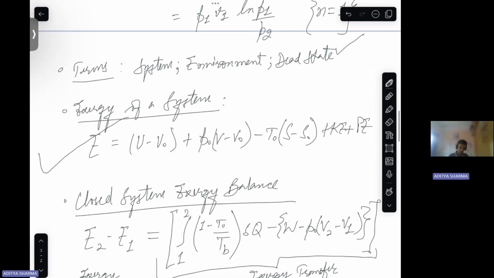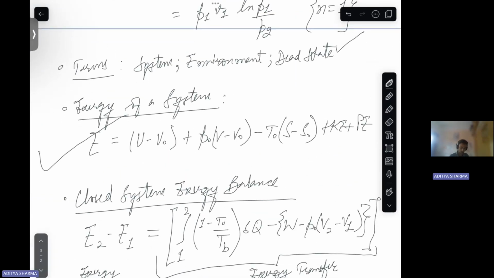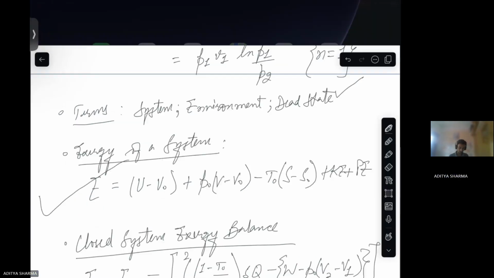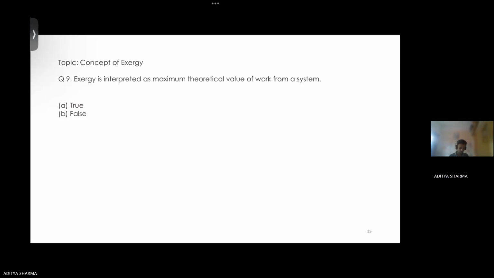Exergy for a system, which includes the internal energy, right? The pressure energy, right? And then terms in terms of entropy are there, and then there is kinetic and potential energy. So all this is considered in the exergy's definition.